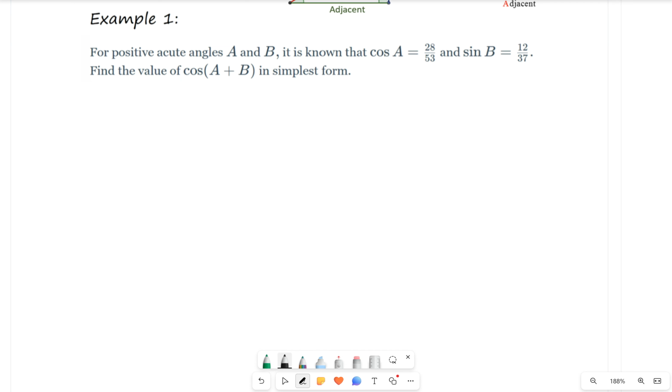All that means is that if you're standing at your angle A, the adjacent side is going to be a length of 28, and the hypotenuse side length is going to be 53. Cosine in SOHCAHTOA is adjacent length over hypotenuse.